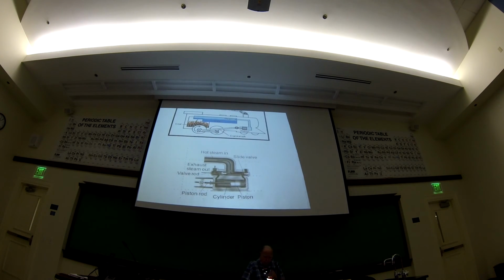Okay, so the engine that changed the world was the steam engine. It was invented by an Englishman named Newcomen back in about 1712 or so, to pump water out of mines.